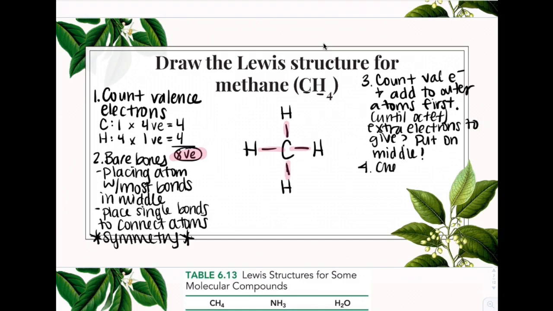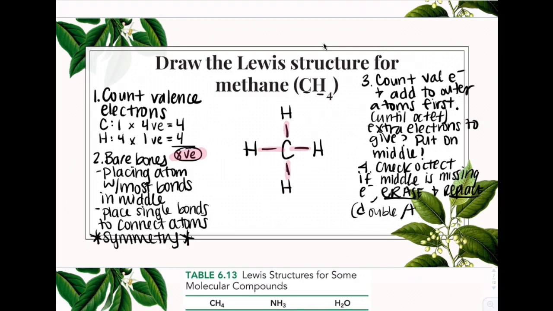Now we're going to check our octet. We just checked our octet. Everyone's got 8, so we're all good. If the middle doesn't have 8, so the middle is missing electrons, erase and replace, creating a double or triple bond, and we'll talk about what that looks like.